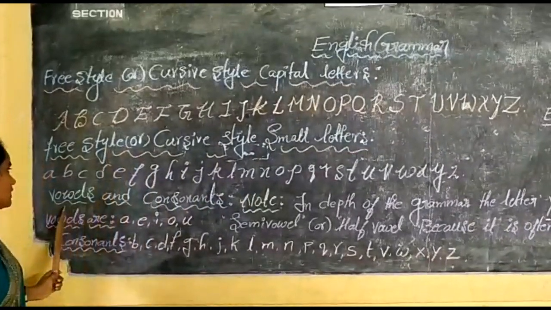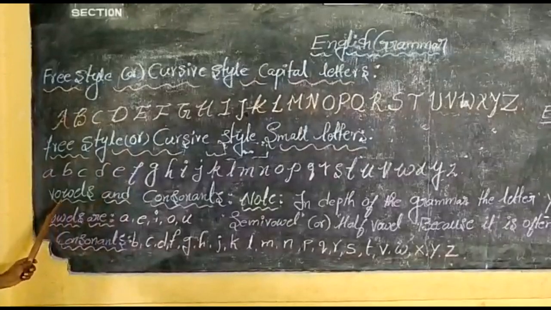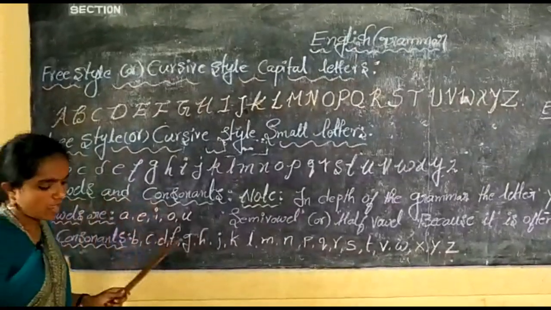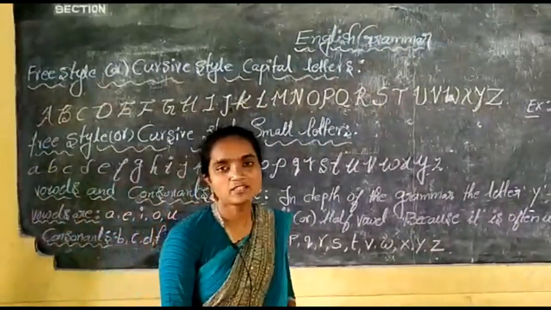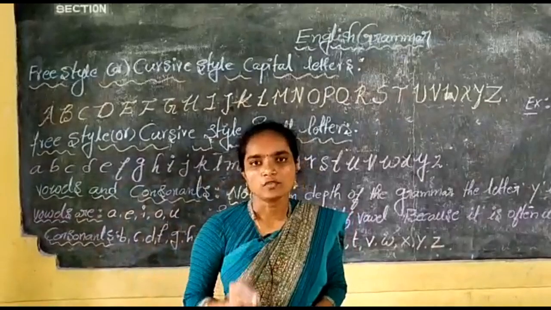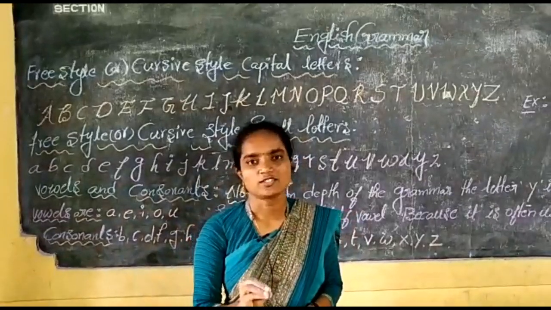And then third point is vowels and consonants. Already I said the alphabet has 26 letters. Among them 5 are vowels, 21 are consonants.